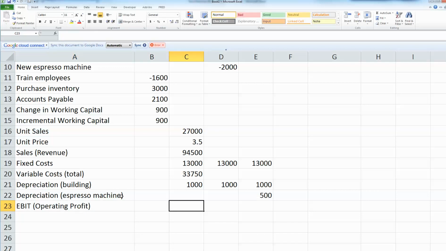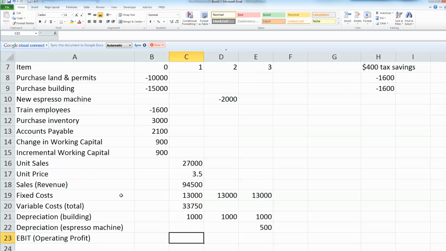I'm actually going to start with year 1. So my operating profit would be my sales minus my fixed costs, minus my variable cost, minus my depreciation. And even though year 1 has no depreciation in my row 22, I'm subtracting it anyway because I want to copy this formula across.